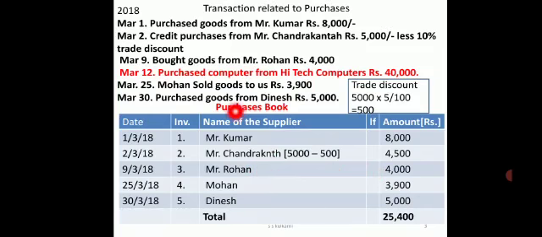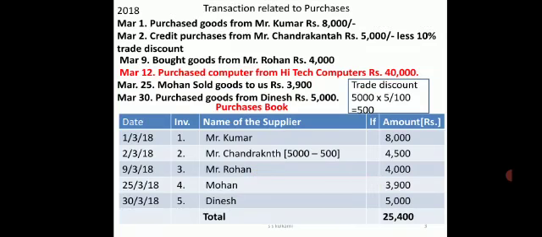directly we are going. Now the transaction dated 12th, you can see it is purchase of asset, so it is given in red. So this particular transaction is not going to appear in our subsidiary books, it will appear in journal proper. So on 25th we have purchased from Mohan 3,900, so I will write Mohan 3,900.